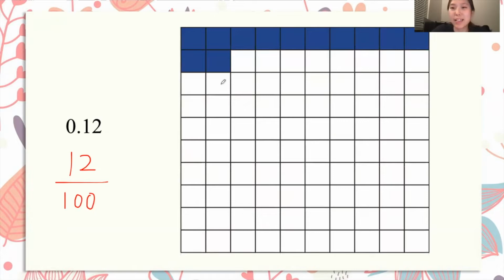We can use a grid to help. I divide my square into 100 equal parts because our denominator is 100, and I shaded 12 parts of them. So this figure can perfectly express the decimal number 0.12 or 12 hundredths.